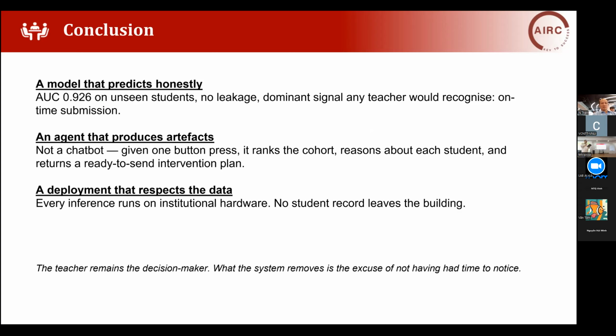An agent that produces artifacts, not a chatbot, but a system that ranks, reasons and returns a ready-to-send intervention plan from a single button press, which I will show you in the demo. The teacher remains the decision maker. What the system removes is the excuse of not having time to realize that a student is struggling. So thank you. Now I will show you the demo.